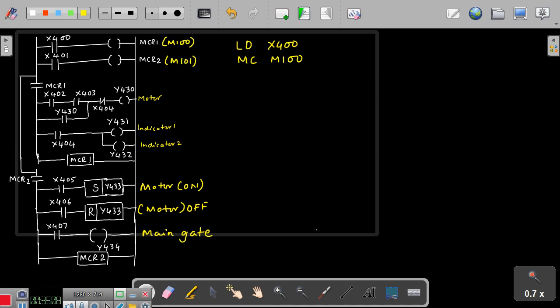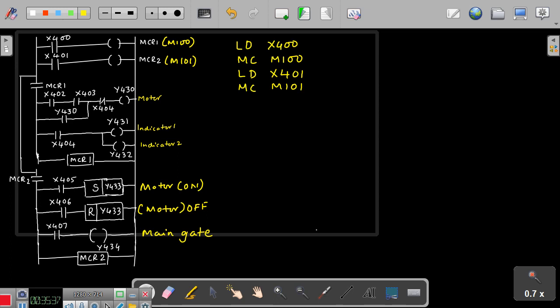The master control relays are also identified as if they are internal relays. LD X400, MC M100, then LD X401, MC M101. This is as far as the switches and corresponding master control relays are concerned.